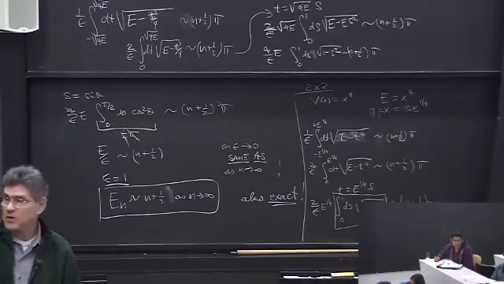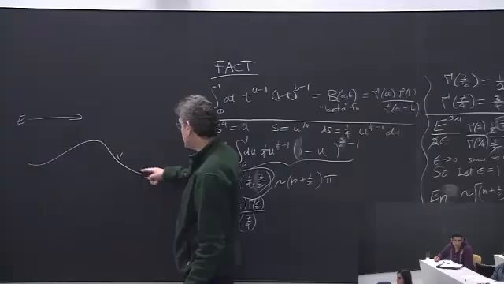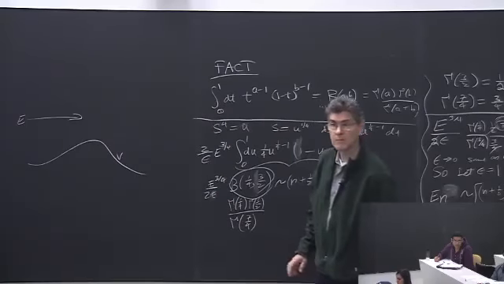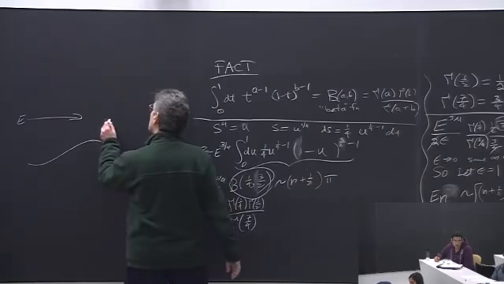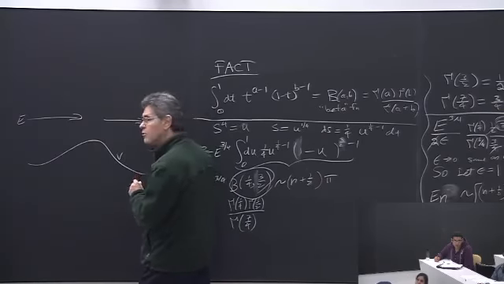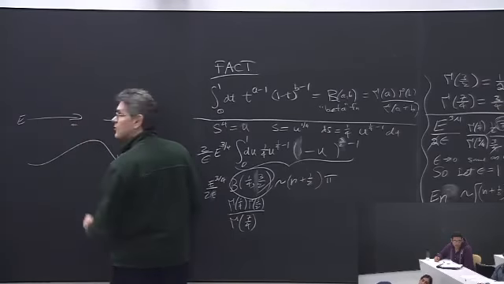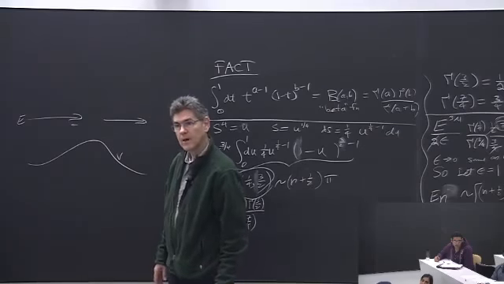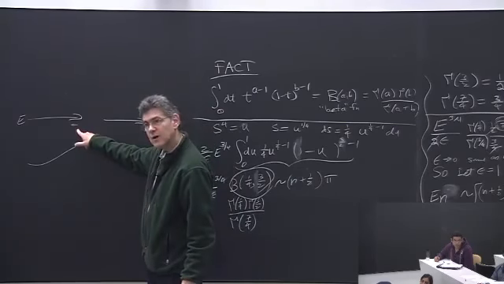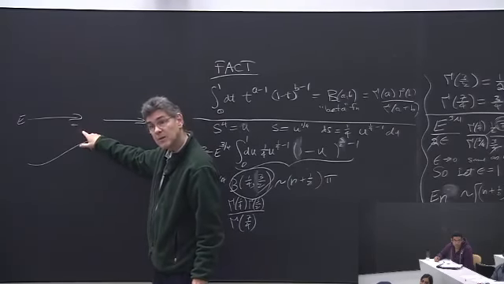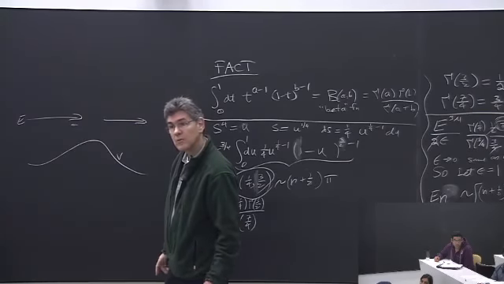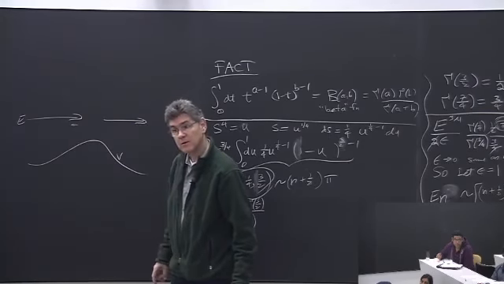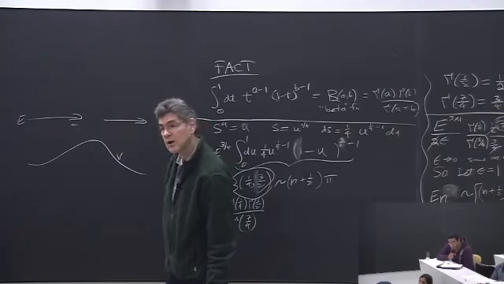Classically, a ball rolls up the hill and comes down the other side and keeps going. But quantum mechanically, that's not true. Quantum mechanically, most of the particles go through, but a small number of particles are scattered back. And to find that backscattering, to find that exponentially small subdominant piece, you need to do WKB in the complex plane. You cannot do it except by going into the complex plane.